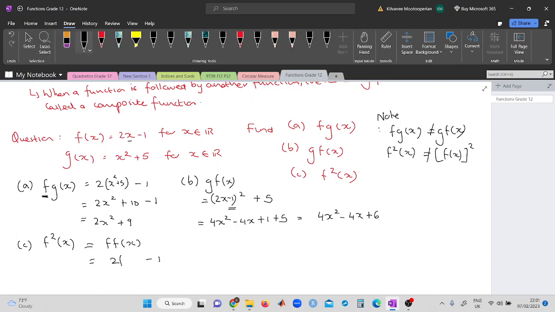So, again, I replace 2x minus 1. This gives me 4x minus 2 minus 1, 4x minus 3. Okay, this is how you work out this question. Okay, c'est tout. Ça c'est un petit peu sur composite.